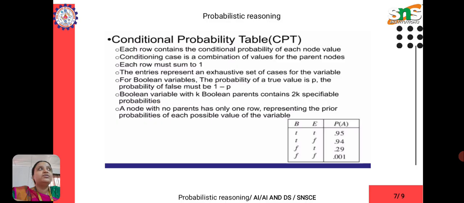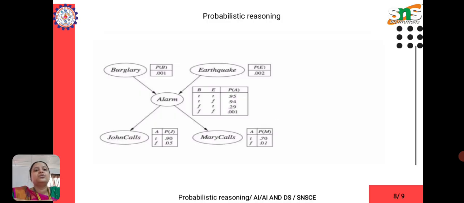For a Boolean variable, the probability of a true value is p, and for the false value, it will be 1 minus p. A Boolean variable with k parents needs 2^k rows. A node with no parents has only one row representing the prior probability, and for each case you will be given different values associated with it.